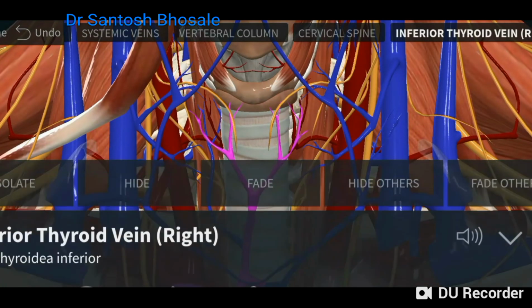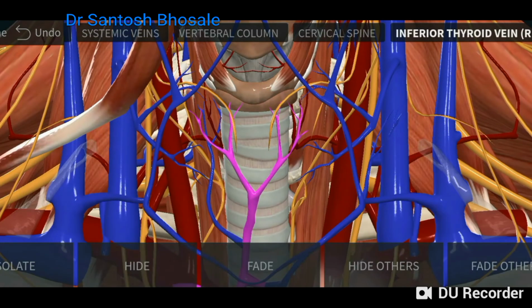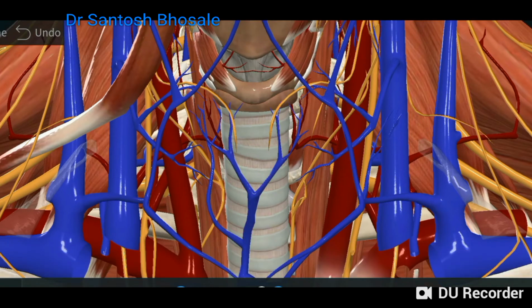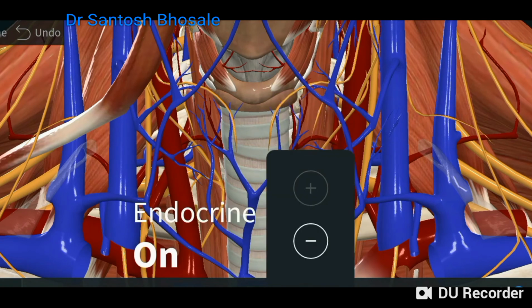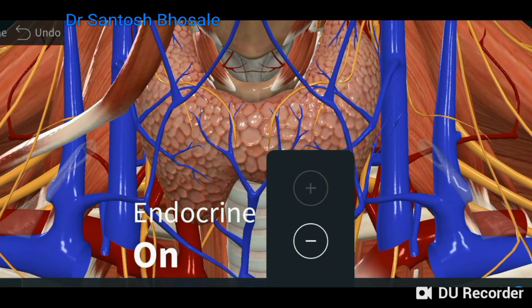Remember, inferior thyroid artery has a variant course and it is tied away from the gland because of the recurrent laryngeal nerve, whereas superior thyroid artery is tied close to the gland because of external laryngeal nerve. Remember that these are relations of isthmus.